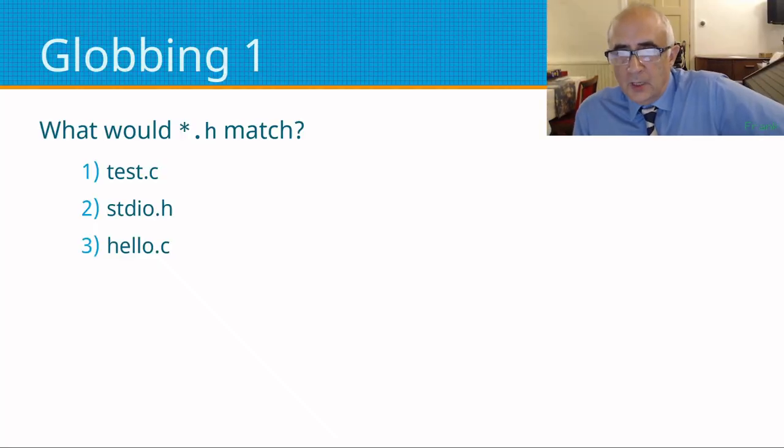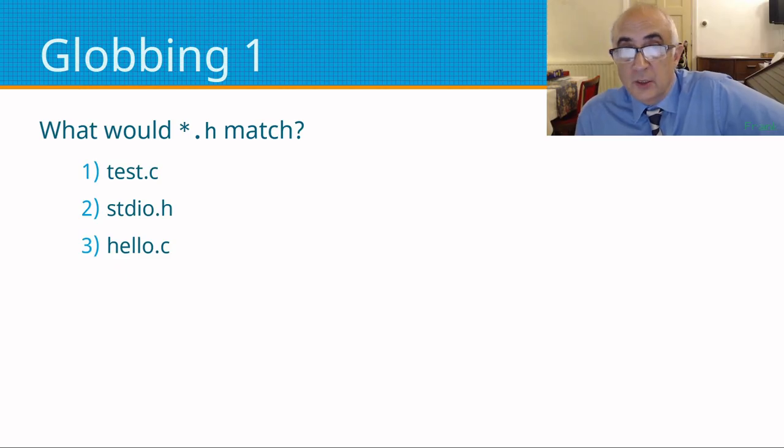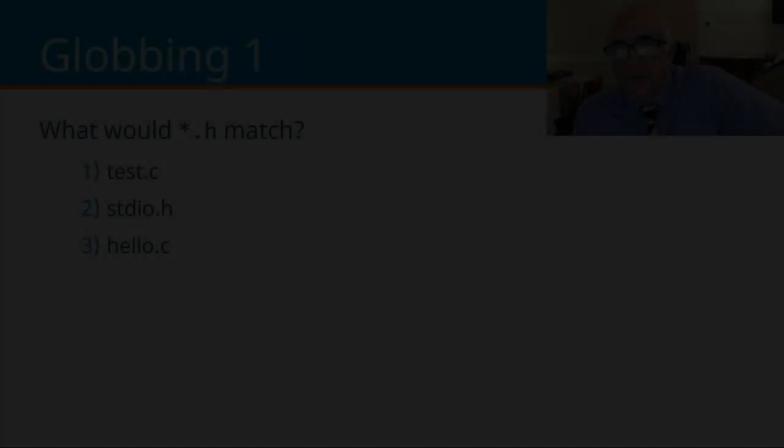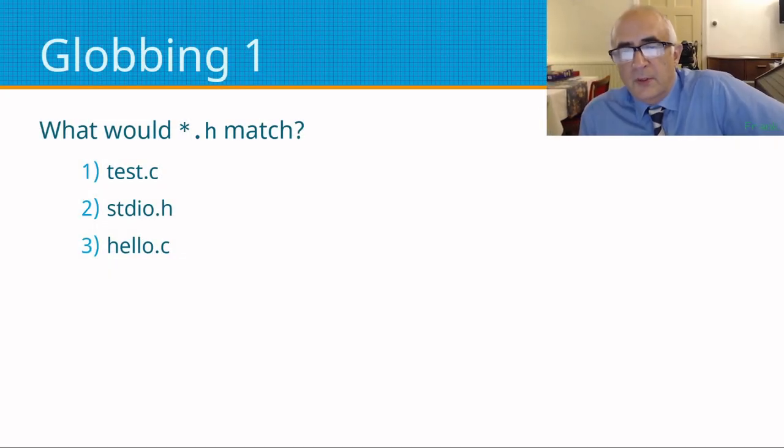So the process of converting your specified pattern into a list of file names is called, for historical reasons, globbing, after a function that was glob, which actually meant global in the original version of Unix. And you'll find the word quite often used for matching a number of possible words against a pattern involving stars and question marks and some other things. So the best way to do it is to look at some examples. What would star.h match?